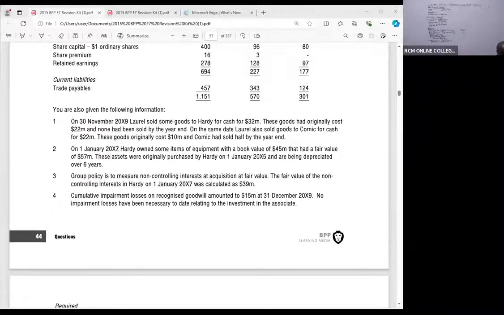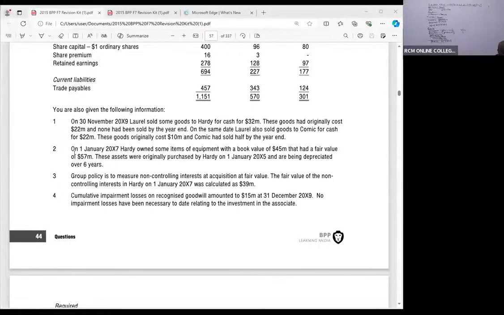On 1st January 07, Hadi owned some items of equipment with a book value of 45 million that had a fair value of 57. So you can see book value is lower, and fair value, the market value, is higher. What is this revaluation gain?